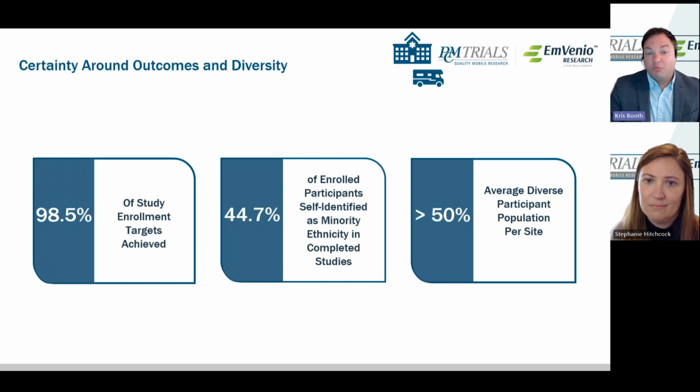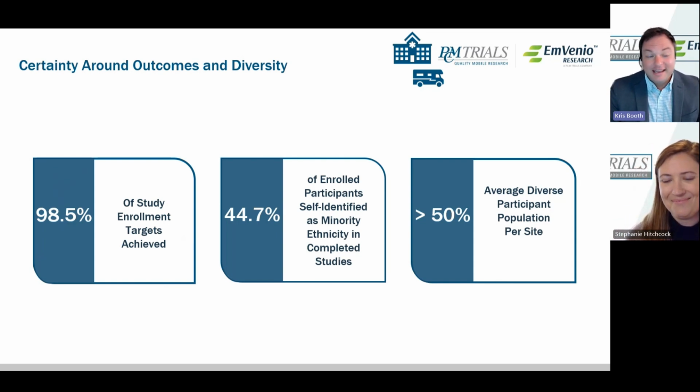We're at 44% where they're self-identified as a minority, but over 50% in what's considered diverse participant populations as recognized by regulatory and governmental agencies. This is how those community sites then end up driving those plans and driving those actions to fruition.